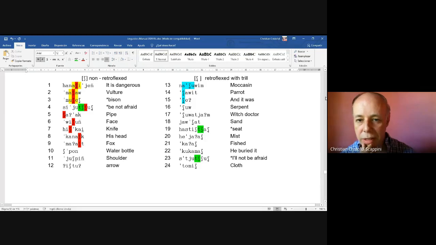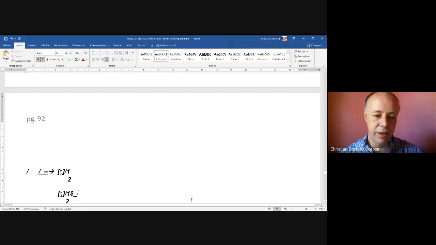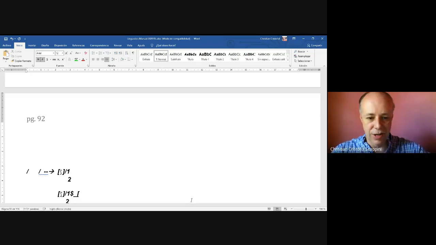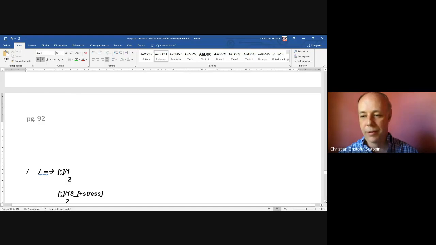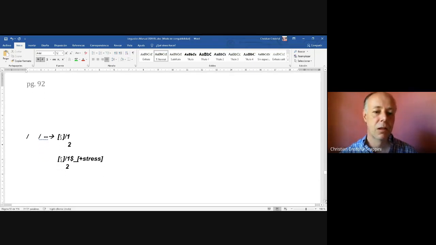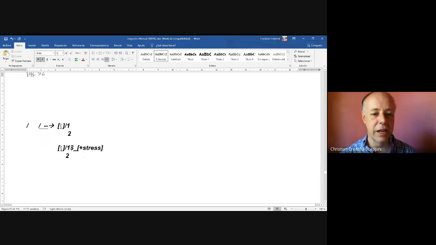Syllable initial, but we need to specify that it is a stressed syllable. So at the beginning of the syllable in a stressed syllable. Yes, like that.